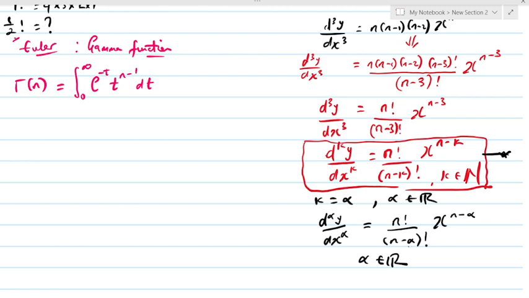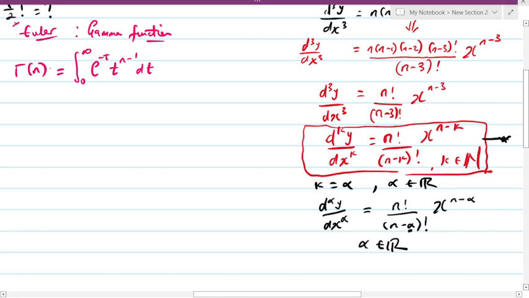But we know that the factorial of a fraction does not exist, so we have to substitute it with the gamma function. Is that taken?